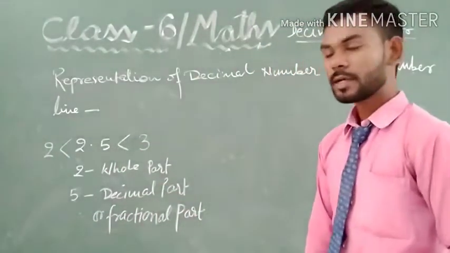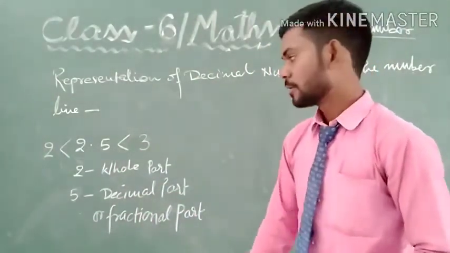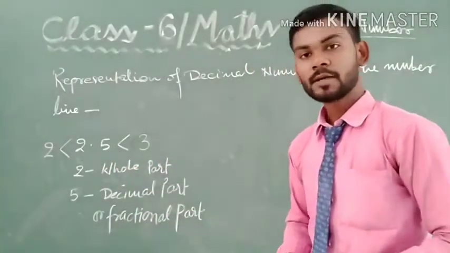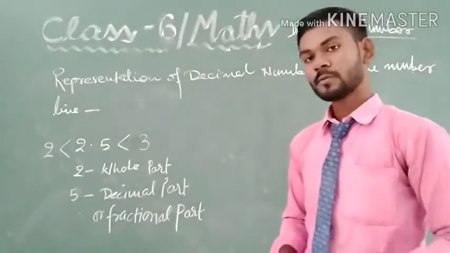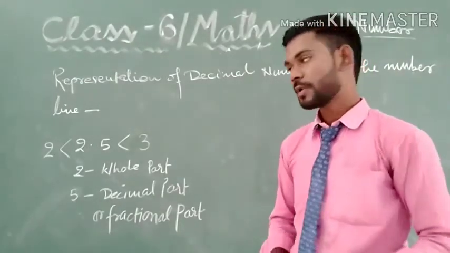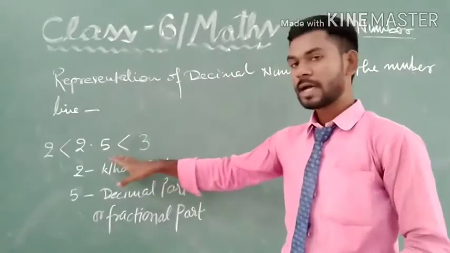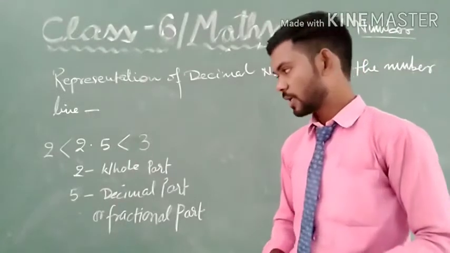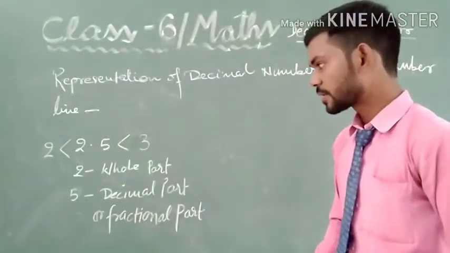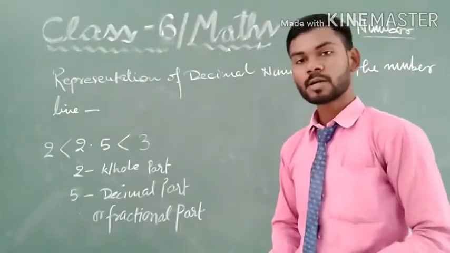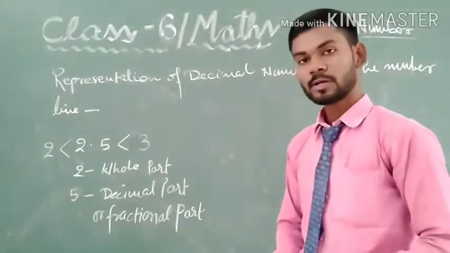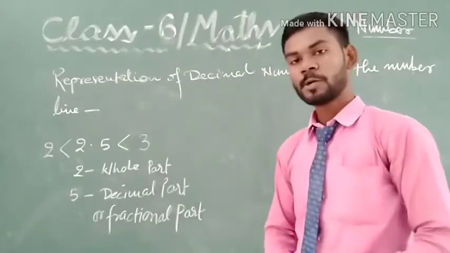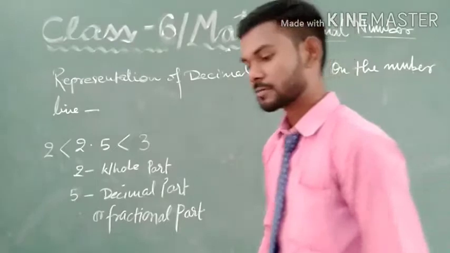So we conclude that 2.5 will lie between 2 and 3. So we draw the number line and represent 2.5, which lies between the points 2 and 3. Now let us see where 2.5 will lie on the number line.